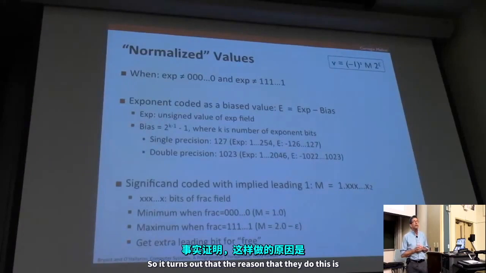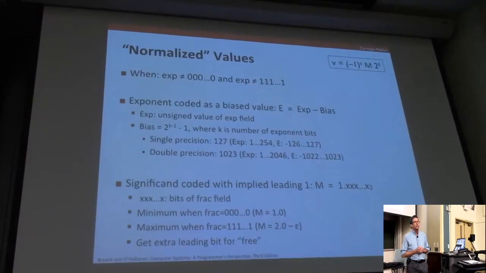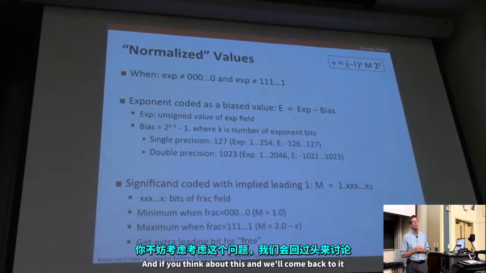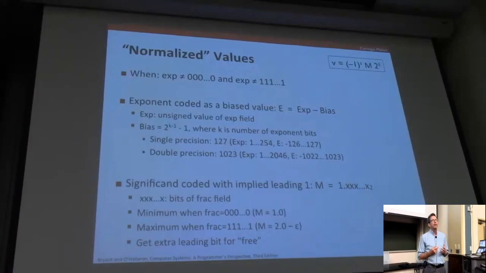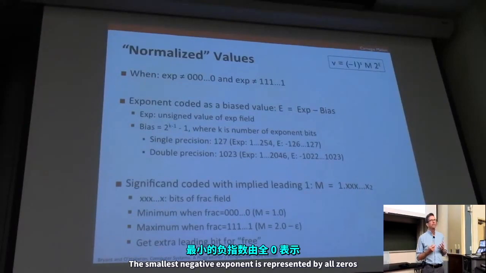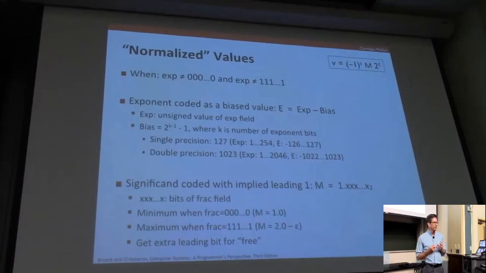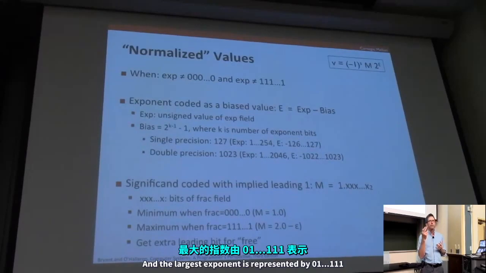It turns out that the reason they do this is, and we'll come back to it, if we encode the exponent e using this bias representation, the smallest negative exponent is represented by all zeros, and the largest exponent is represented by 0, 1, 1, 1, 1.